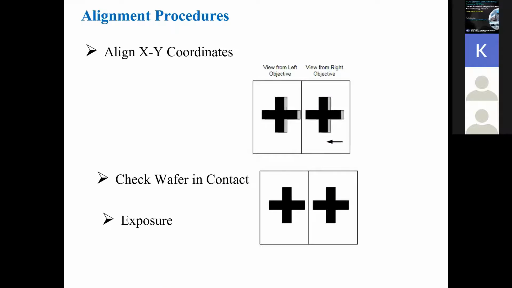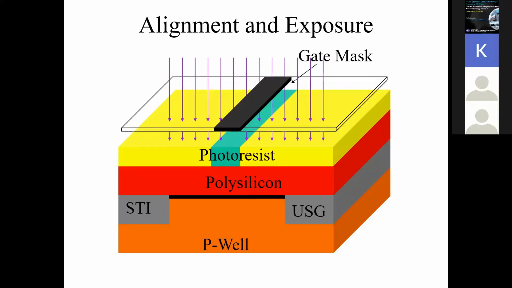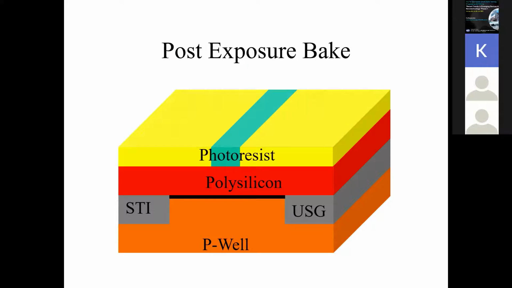Then using both XY coordinates, if it gets matched, you can do the exposure. This is the main procedure for the mask alignment part. So you align the mask and expose it through a UV source.